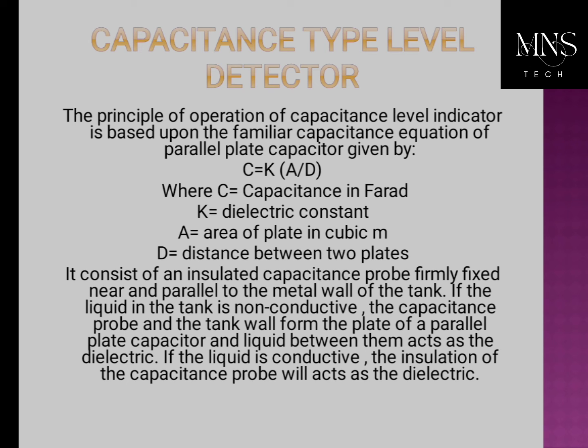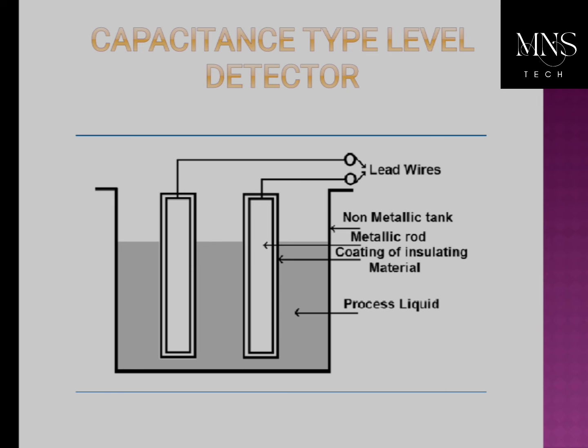It consists of an insulated capacitance probe fixed near and parallel to the metal wall of the tank. If the liquid in the tank is not conductive, the capacitance probe and the tank wall form the plates of a parallel plate capacitor and the liquid between them acts as the dielectric. If the liquid is conductive, the insulation of the capacitance probe will act as the dielectric. There is a picture of capacitance type level detector.